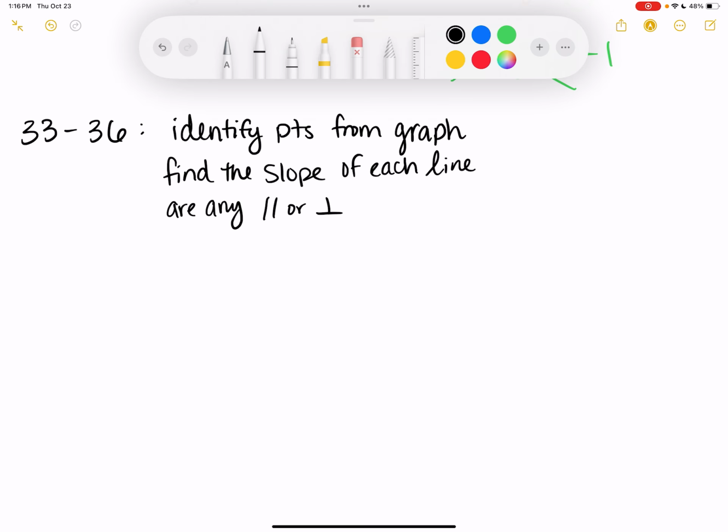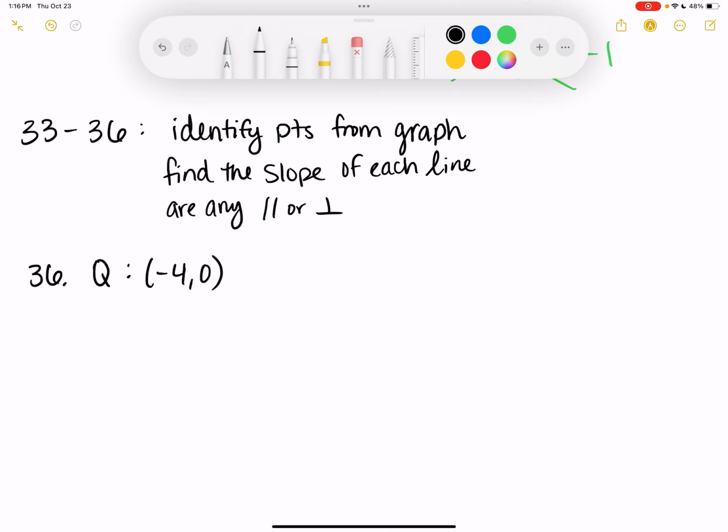All right, so 36, basically there's two lines that are going like this and then one that is going this way through it. So it kind of looks like two parallel lines cut by a transversal, but that doesn't necessarily mean that's what it is. So I'm going to just tell you what the points are here because I know everybody doesn't have their book open, just to make it easier. So number 36, the first one I'm looking at is Q and R. Q is going to be negative 4, 0.